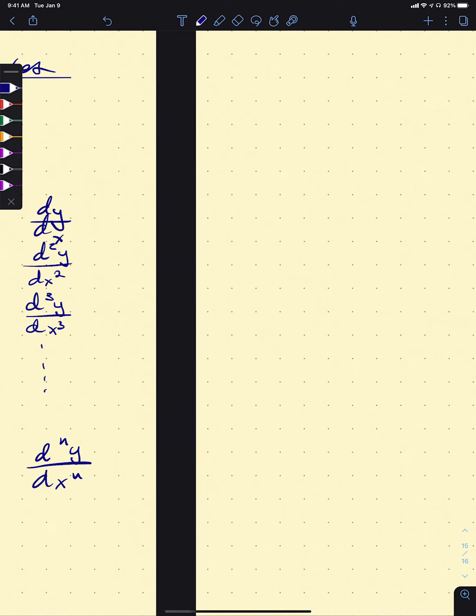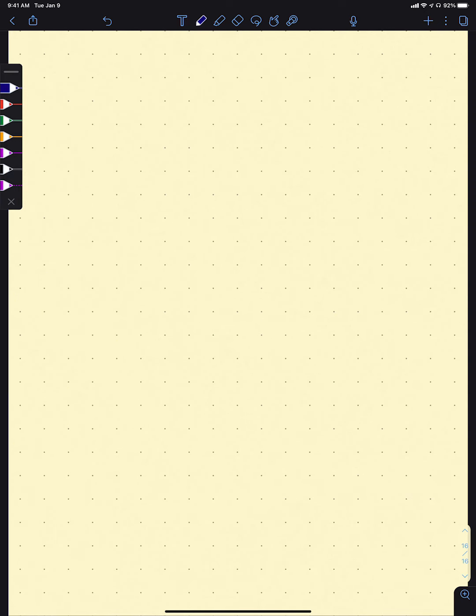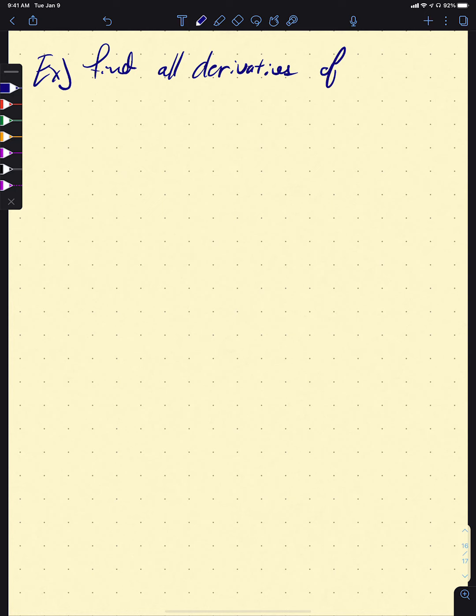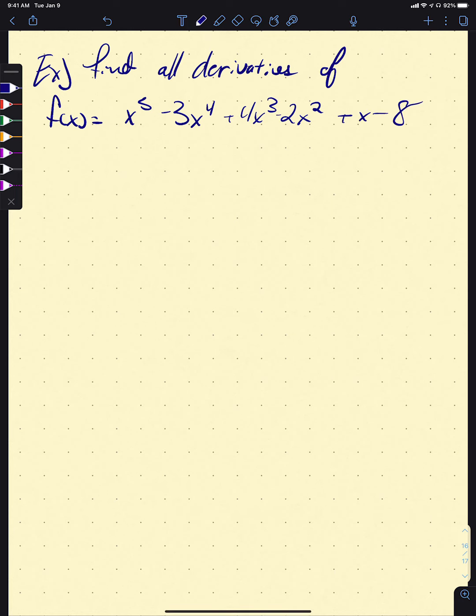So let's apply this to a specific example, okay? Let's find all derivatives of, we'll say, f of x is x to the 5th minus 3x to the 4th plus 4x cubed minus 2x squared plus x minus 8, okay?